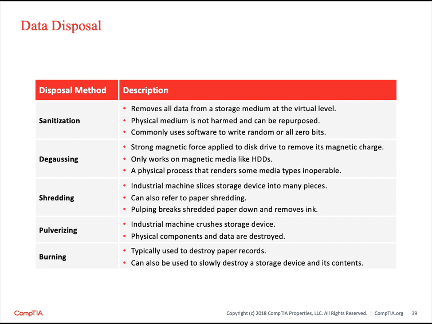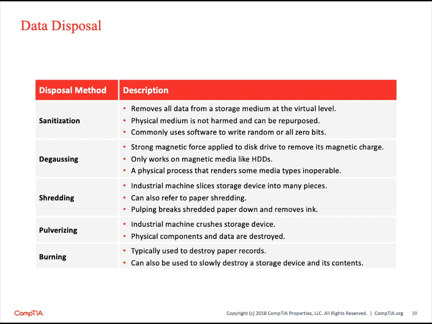It's going to make these media types inoperable. This will also work on videotapes and stuff like that. It's pretty much a magnet that will degauss these and sanitize them, right? However, solid state drives cannot be degaussed, so just keep that in mind. It's only for magnetic media such as HDDs and videotapes, stuff like that.